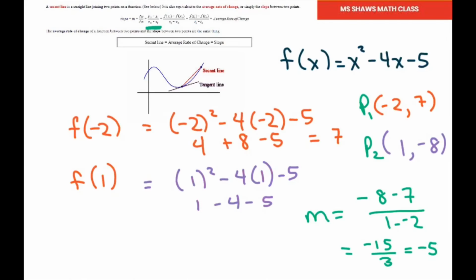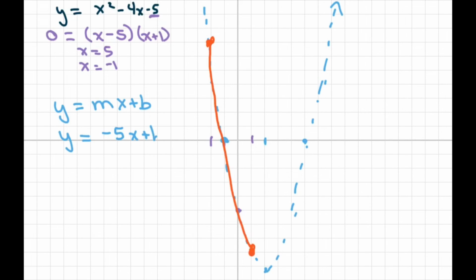Or was it -3? It was -5. So -5x plus b. And then my 2 points were 1, -8, and -2, 7. So let's find out what my b is. I'll go ahead and use the second one.